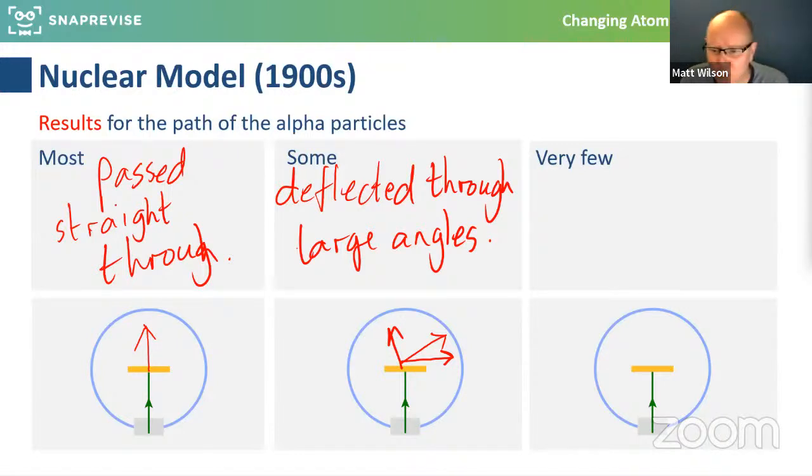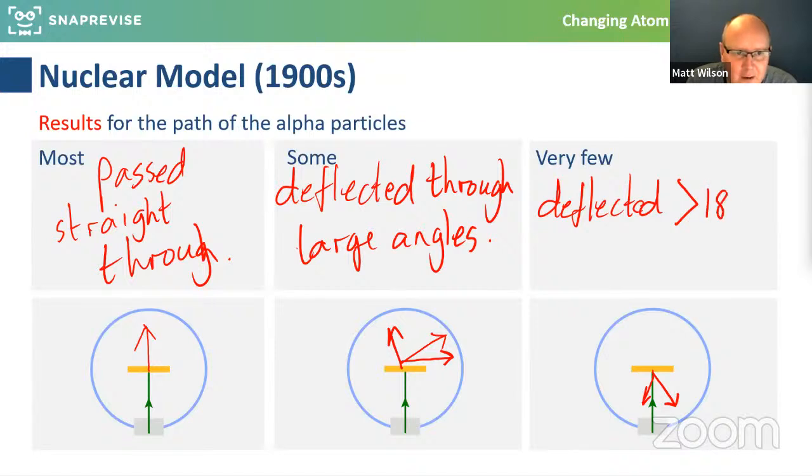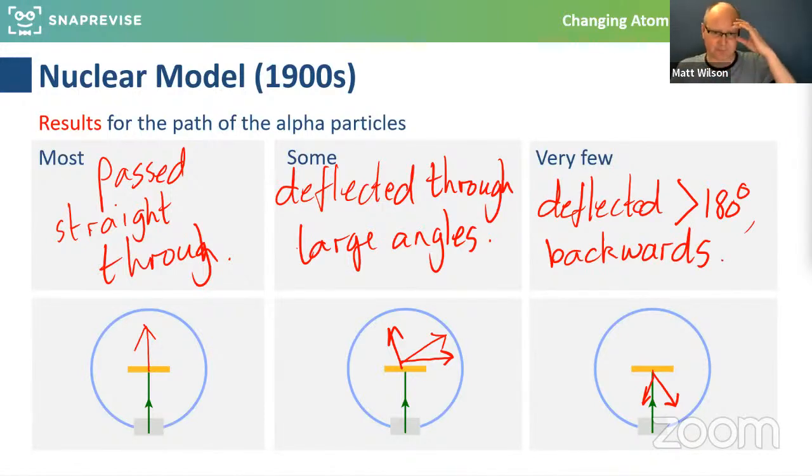Now, an even smaller number actually got deflected by more than 180 degrees, some of them almost coming straight back at the detector. So very few of these alpha particles were deflected more than 180 degrees. So in other words, they came backwards towards the source of the alpha particles.